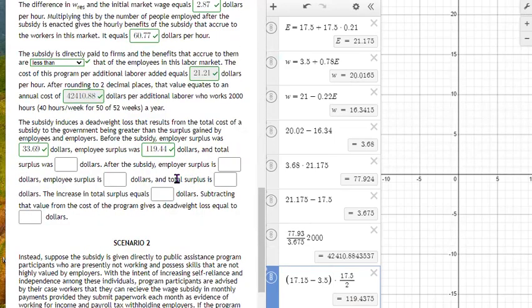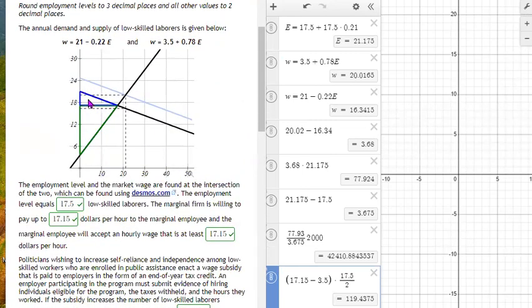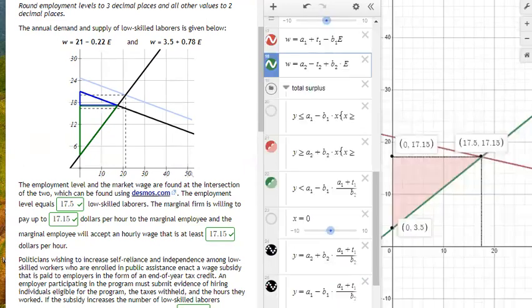Okay, and the total surplus initially is what? The total surplus initially is this blue triangle plus this green triangle. So let's go back to our model here. I want the blue area plus the red area, right?